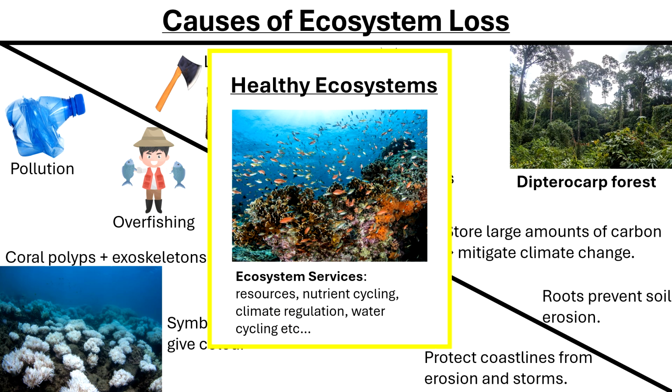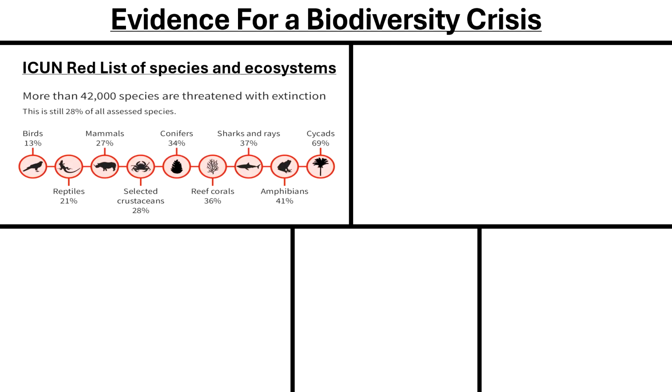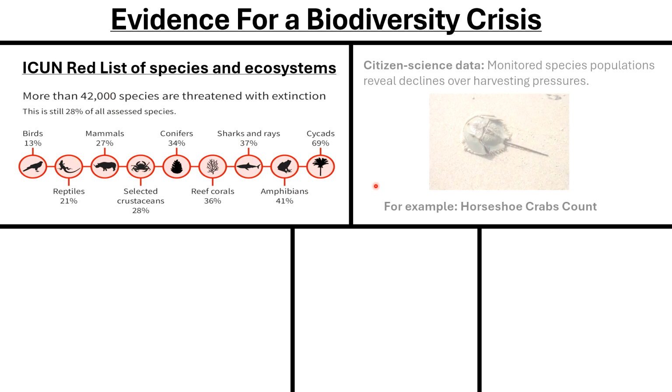these benefits. The available evidence for this biodiversity crisis starts with the IUCN's list of species and ecosystems that are currently threatened with extinction. So we can see that there are 42,000 of them around here. Then we have the citizen science data. So essentially there have been declines in certain populations of species over harvesting pressures.